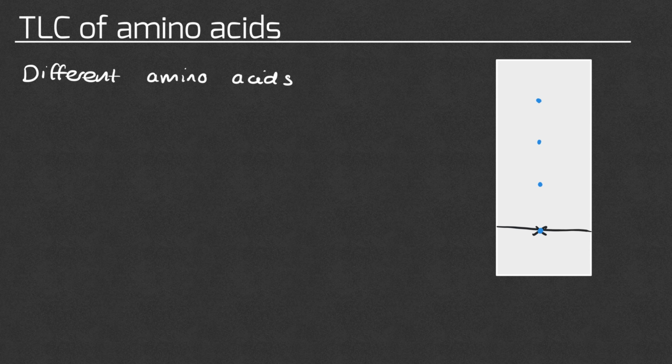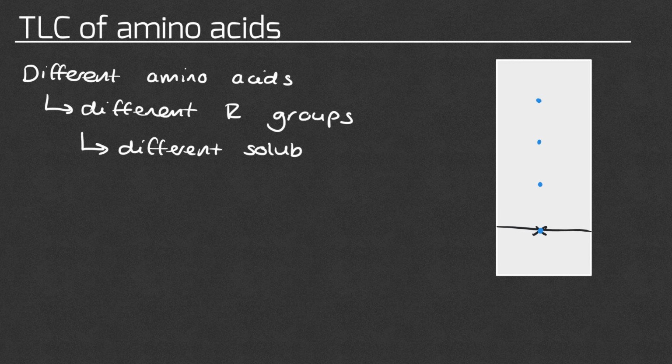So we can use this to separate a mixture of different amino acids. As we've already looked at, different amino acids will have different R groups, and those R groups mean the amino acids will have different solubilities in the same solvent.